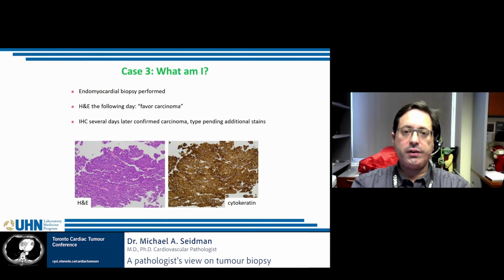The H&E was available approximately 24 hours after the procedure and favored carcinoma based on its particular findings and morphology. It took several more days to get the immunohistochemistry, at which time keratin confirms that it is in fact a carcinoma. However, additional stains were still required to tell more than that.